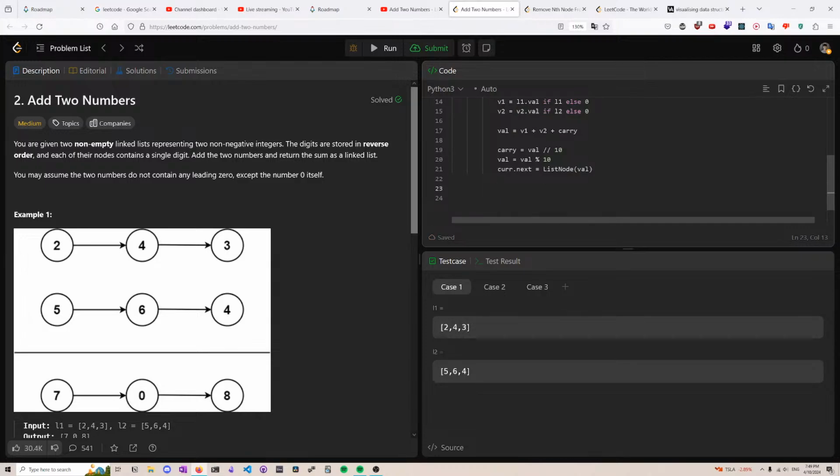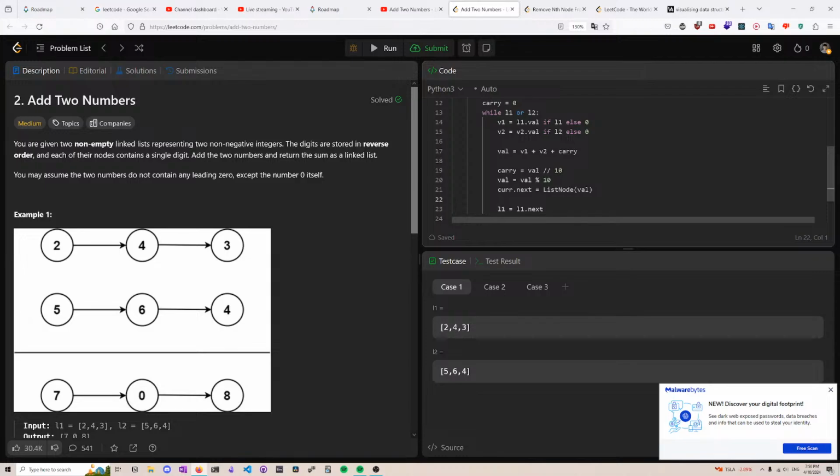So now we need to update L1 and L2. L1 equals L1.next, and cur too. L2.next.